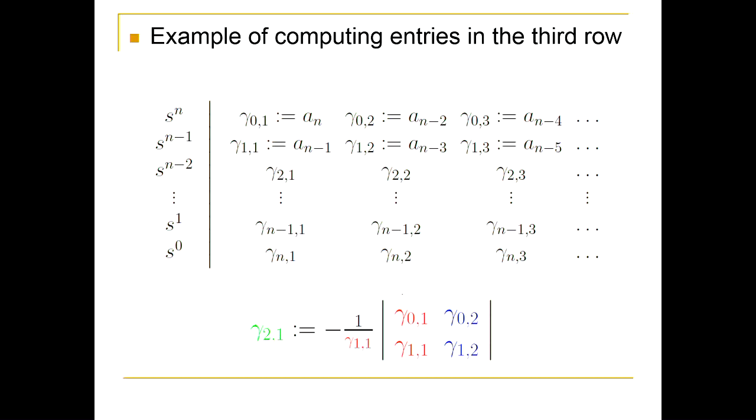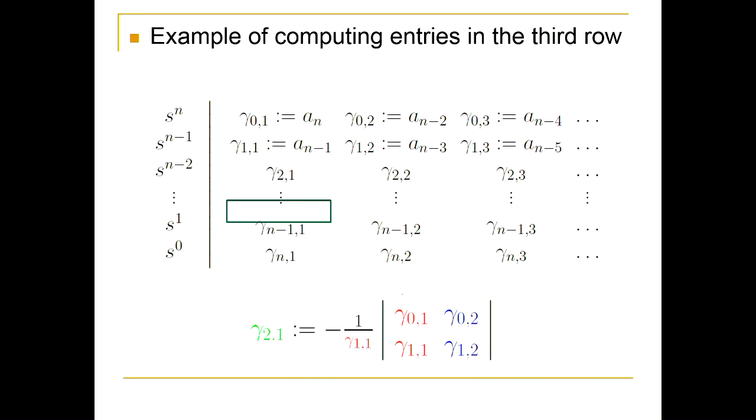I'm looking at this entry and I want to calculate what it should be. The formula is minus 1 over gamma 1,1, which is the coefficient right above the entry that I'm calculating. Then I have to form a matrix, and this notation is the determinant of the matrix formed by these coefficients. So how do we form the matrix?